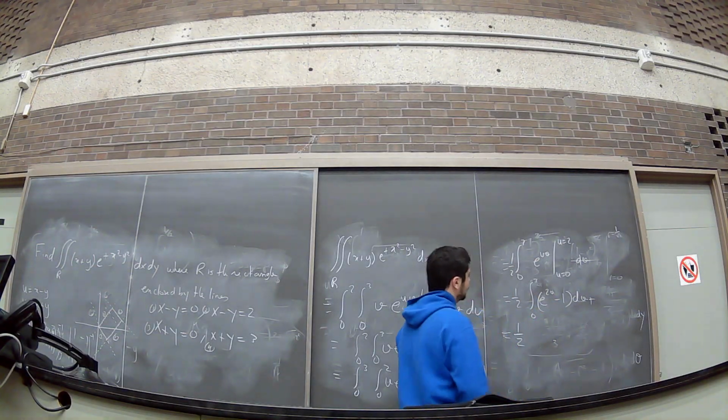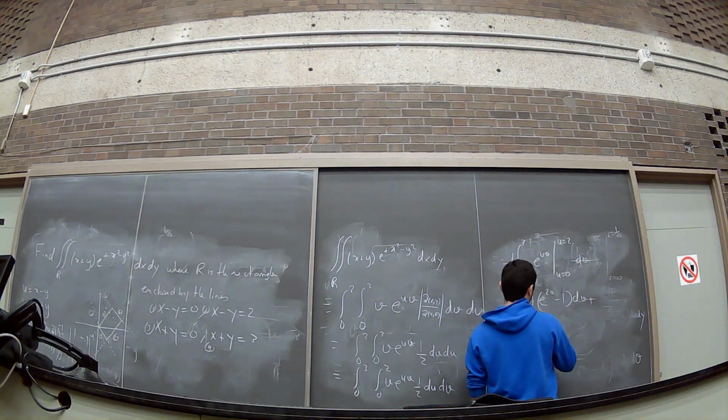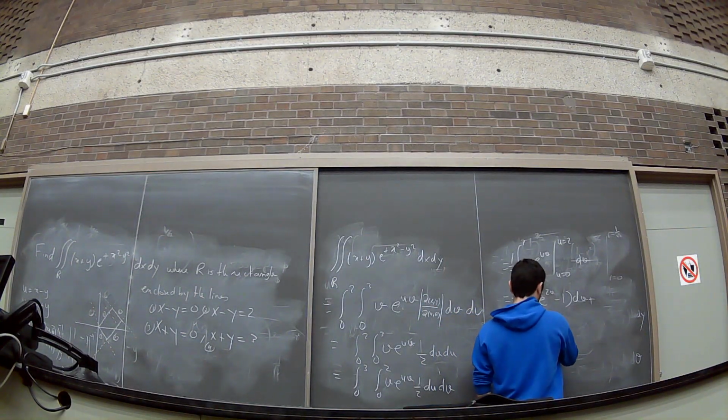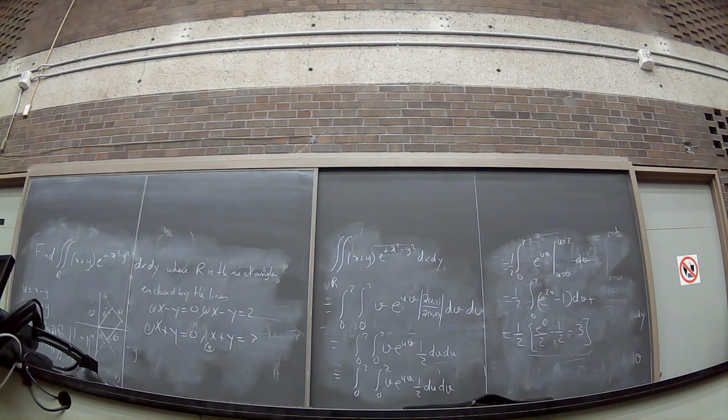What do you get? 1/2. So you get e to the 2v over 2. So that's e to the 6 over 2 minus 1 over 2, minus 3. Is that what you get? Yes? Did we get this?